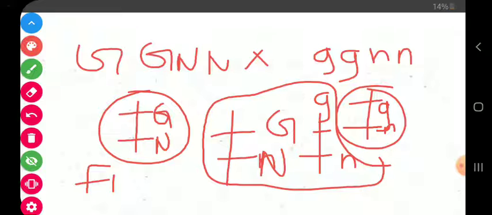What's that? What you see is this. Now, in the F1 generation, what do we get? We get capital G, capital N, small g, small n, right?